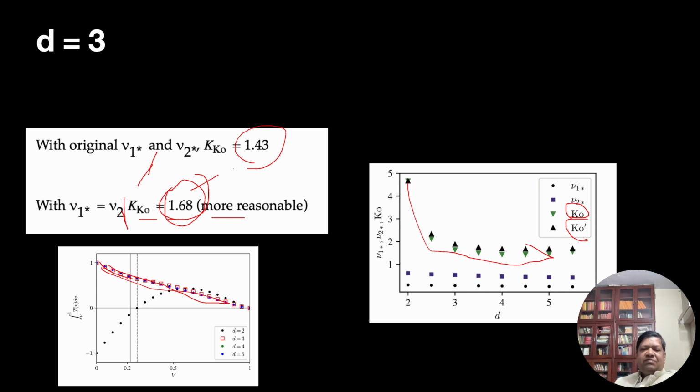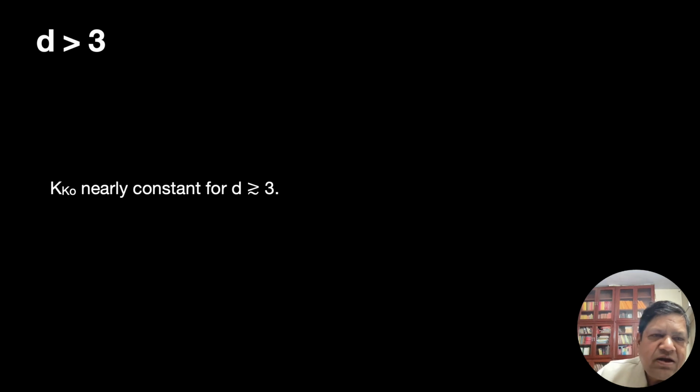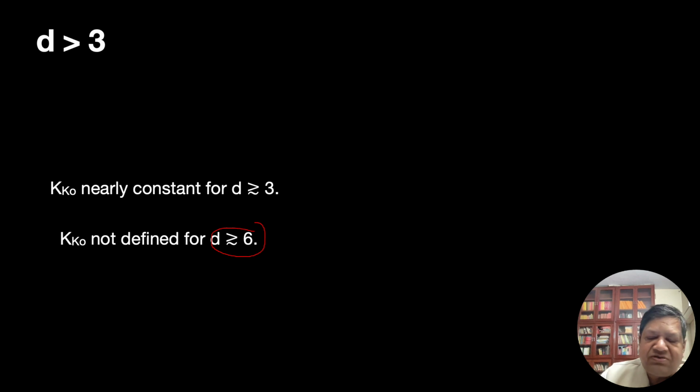So it seems okay. Now, for D greater than or equal to 3, the Kolmogorov constant is nearly constant. And this Kolmogorov constant is not defined for D greater than or equal to 6 because nu1 star is not defined. Nu1 squared becomes negative.